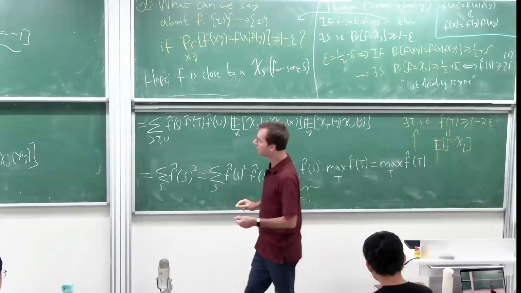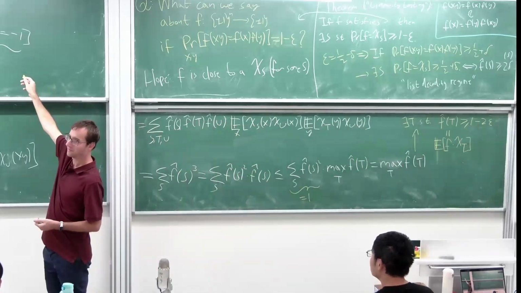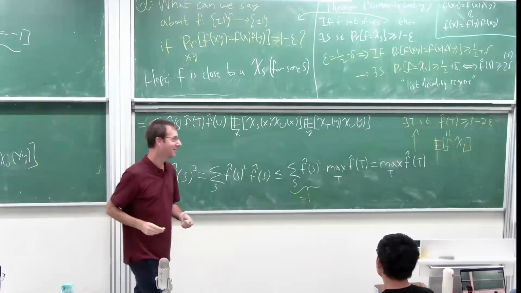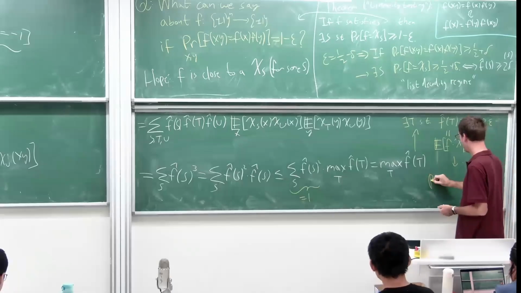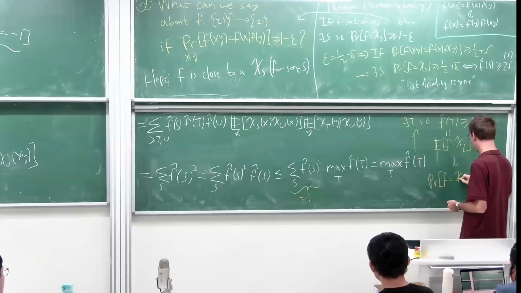And now you do this calculation in reverse, and we conclude that the probability that f is equal to t is at least 1 minus epsilon.